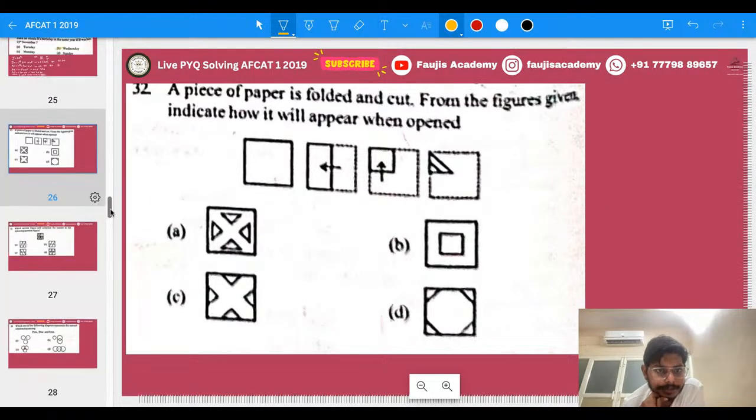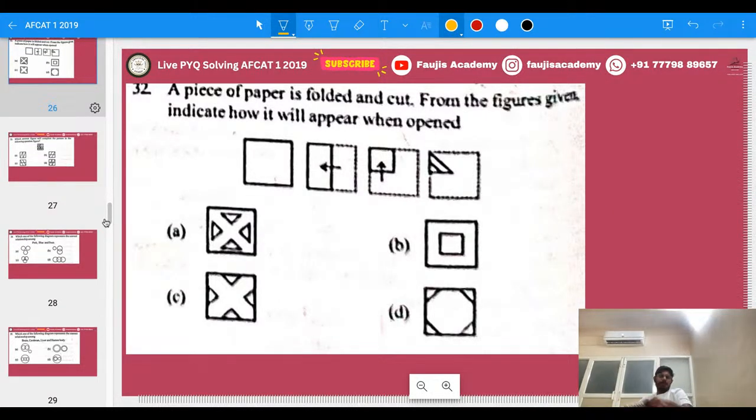All right. 32. Quickly, 32. First it is folded like this, then it is folded like this, and there's another fold like this in this particular corner.